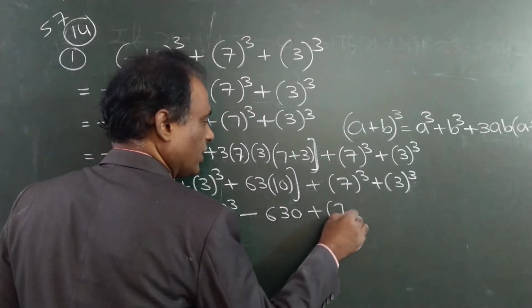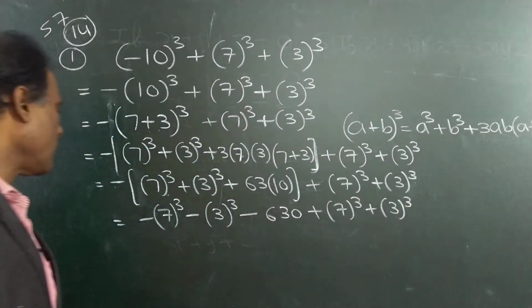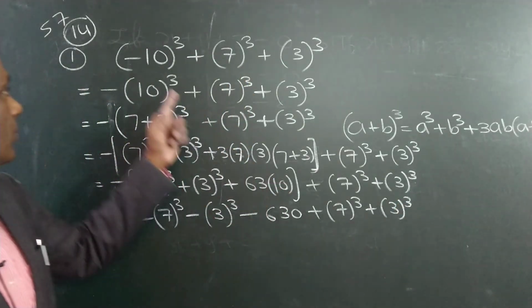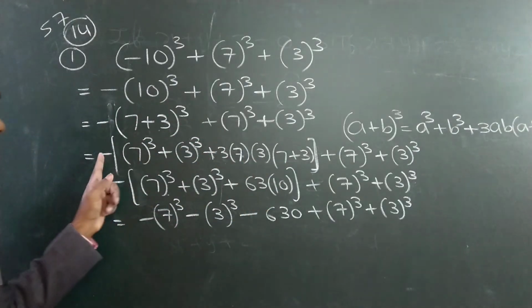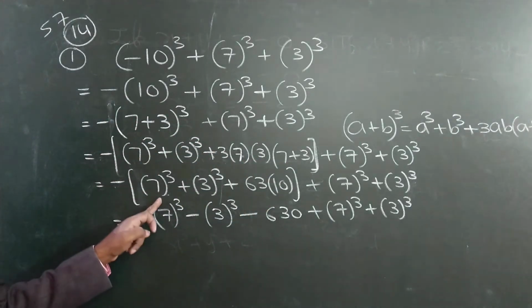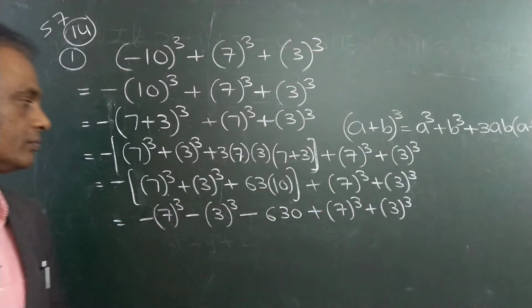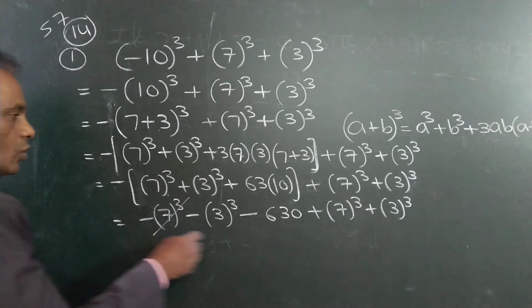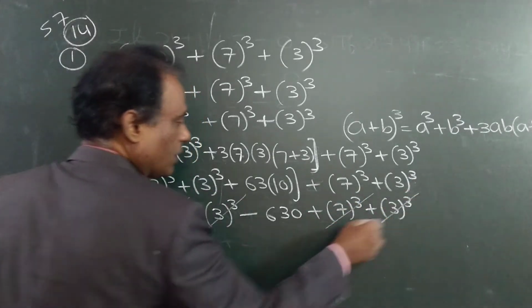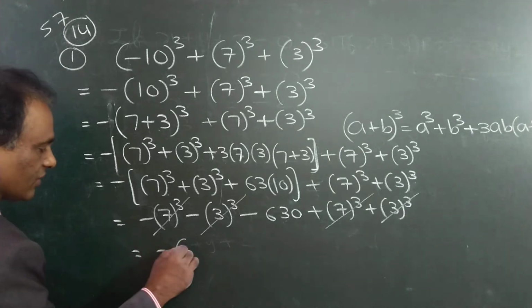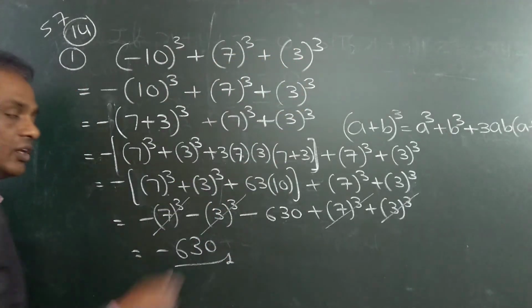Plus 7 cube, same. Plus 3 cube. So this minus is applicable for all the terms, because the 10 expanded like this. Minus 7 cube, minus 3 cube, minus 630. Minus 7 cube plus 7 cube cancel, minus 3 cube plus 3 cube cancel. Answer is minus 630. If you simplify, you will get 630 only.